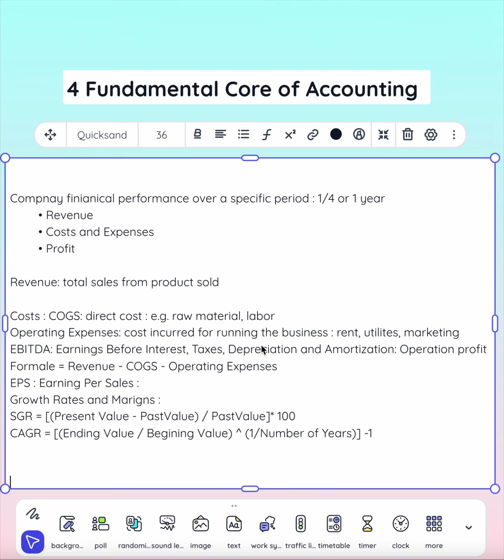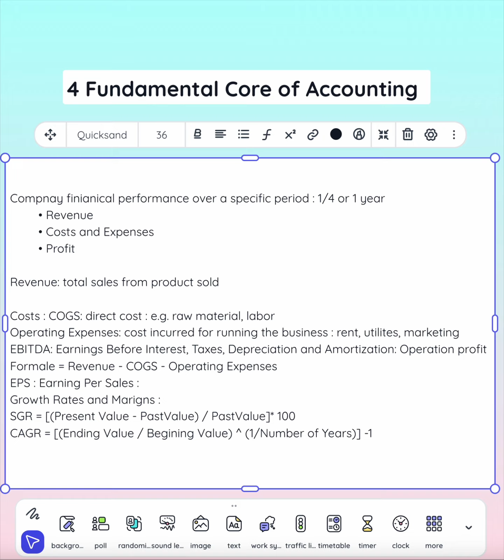This calculates the compound annual growth rate, which is the average annual growth rate over multiple years, assuming profits were reinvested at the end of each year.